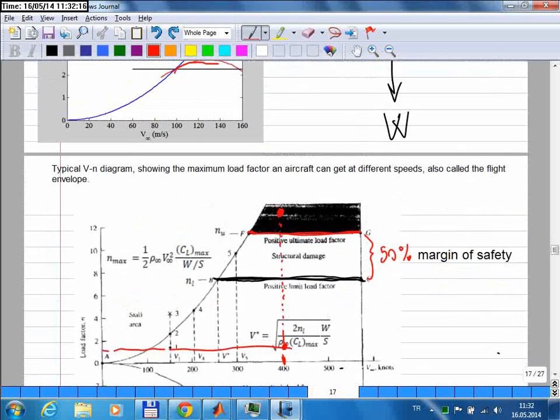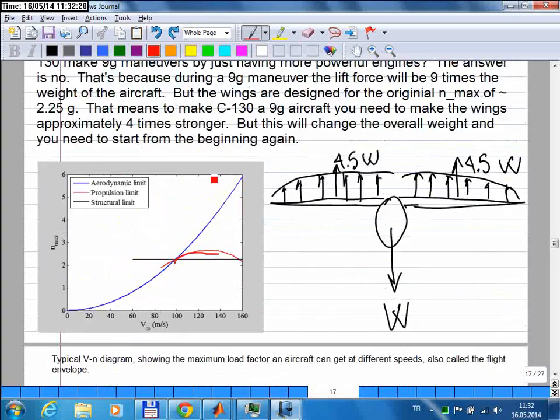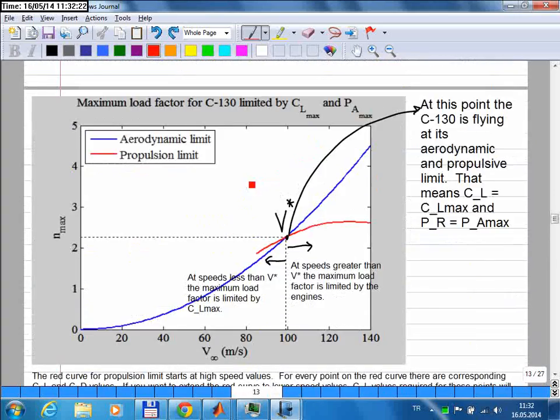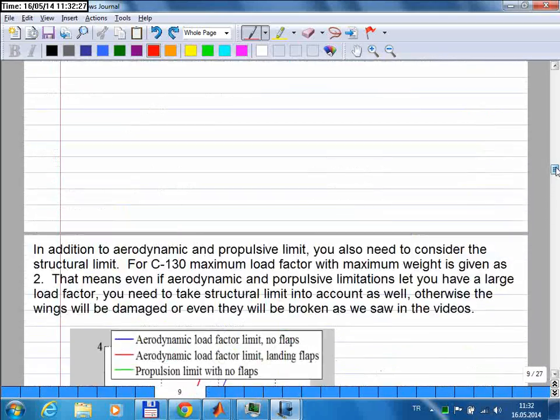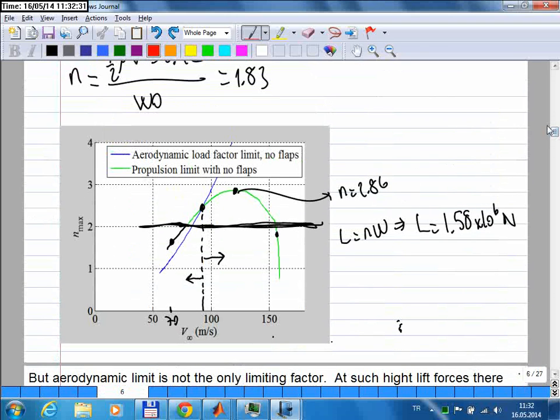But in exam questions, I usually ask about these things. So just remember this example, and you should remember that there are two limiting factors. So if I ask you to find the maximum load factor for a sustained maneuver, you need to check both of these limits, and obviously you need to check the structural limit as well.